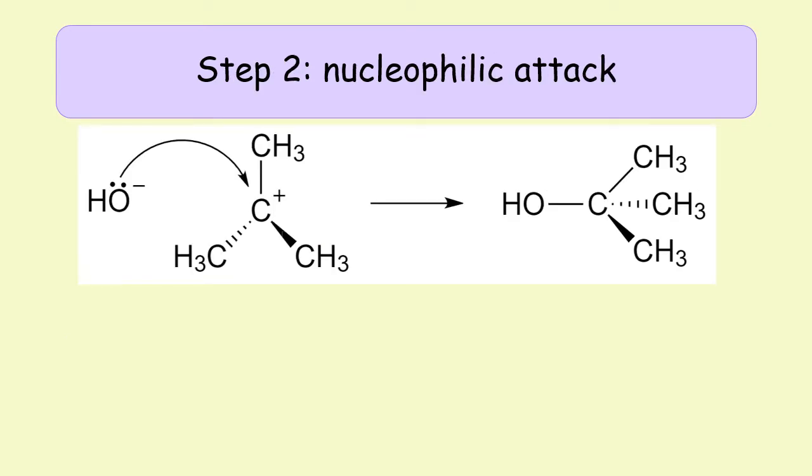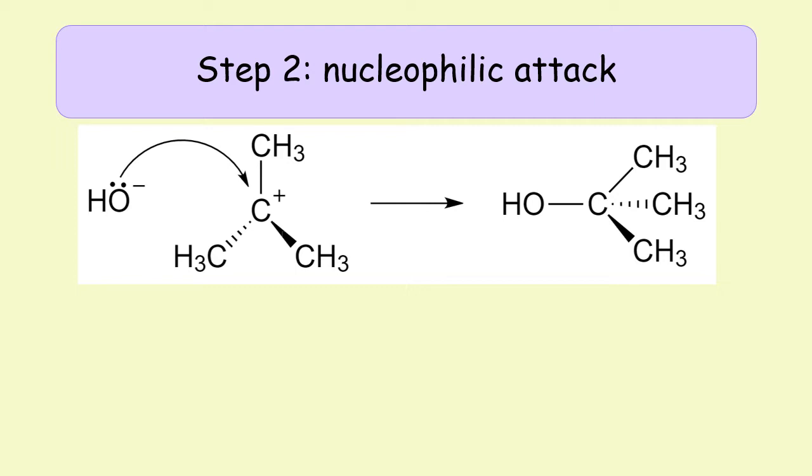So the second step is our nucleophilic attack. And in our nucleophilic attack, we show our arrow going from our negatively charged nucleophile, or specifically draw on two electrons to show that it's a lone pair of electrons on your nucleophile, attacking the positive carbon in the center, and you form a bond between that positive carbon and the negative nucleophile, and so you will end up with that final product.